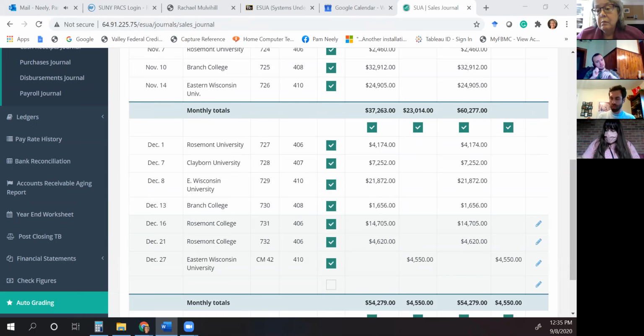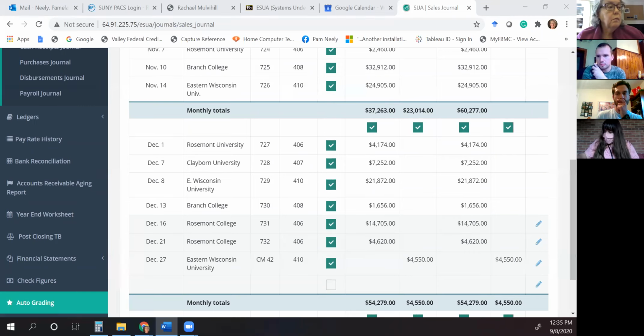But if that's the case, then I think the assignment instructions should be a little more clear, because it says on the assignment that we're supposed to do year-end procedures and month-end procedures for assignment 1, but then we didn't actually have to do that.